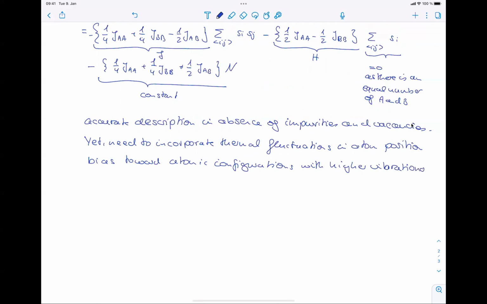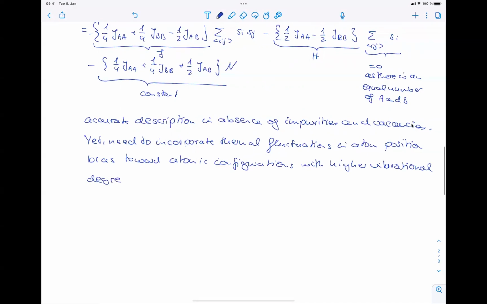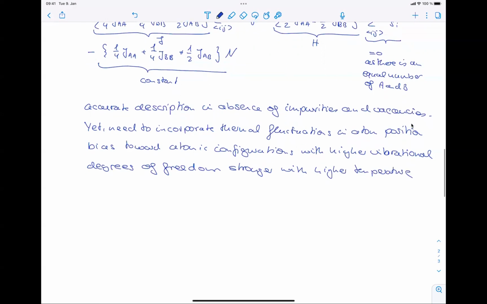So what we're neglecting in our Hamiltonian is the energy contribution of these vibrational modes, which goes stronger with higher temperature. So in the end, it's only a good description at low temperature.